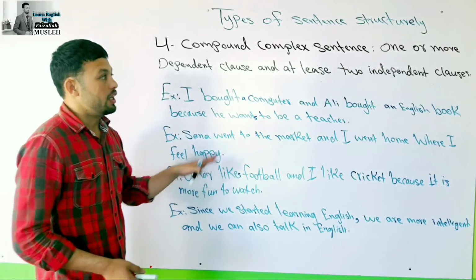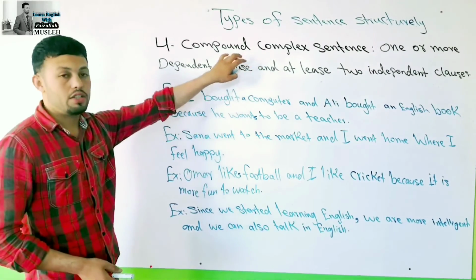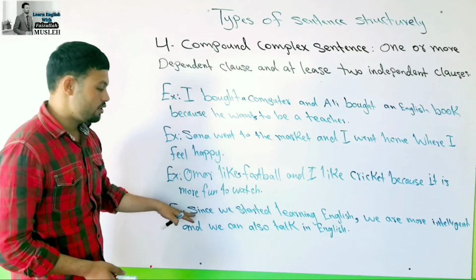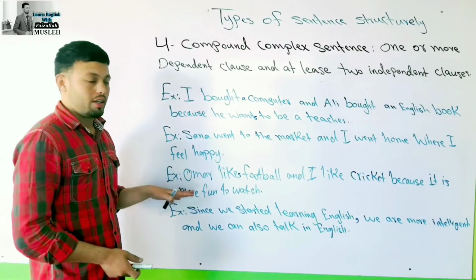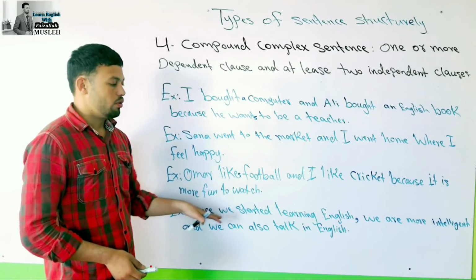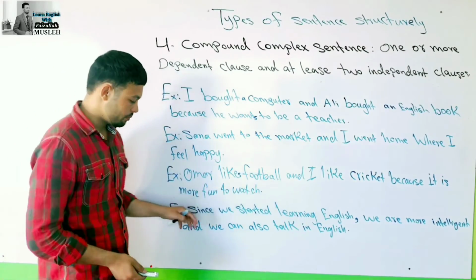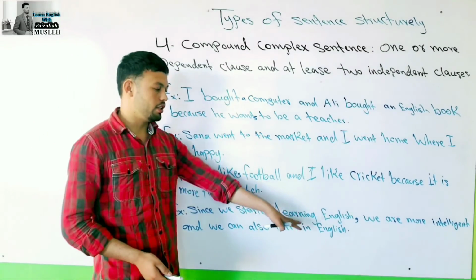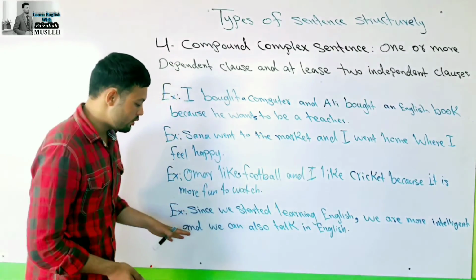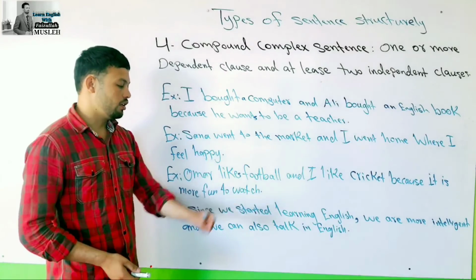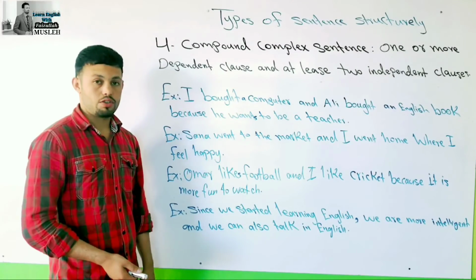Now, in a compound complex sentence, also if the sentence starts with a dependent clause, we use a comma. Since we started learning English, we are more intelligent and we can also talk in English.